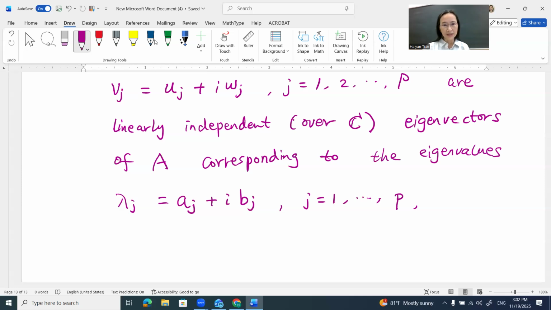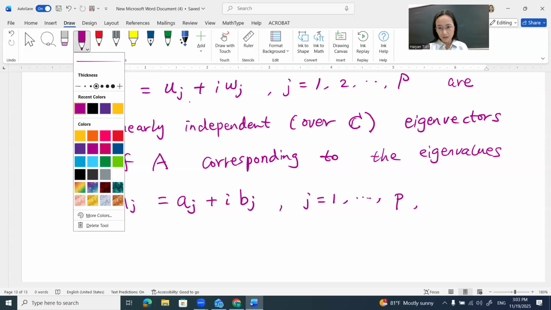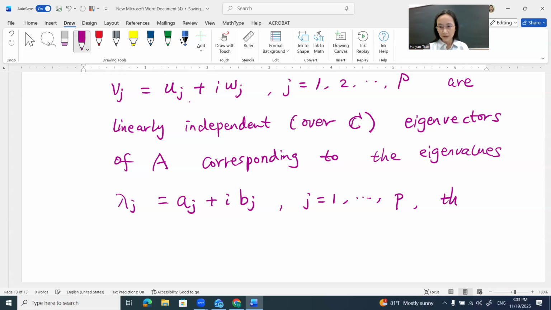So that means although we list only p vectors in the assumption of the theorem, actually we have 2p eigenvectors, because their conjugate vectors are also eigenvectors.